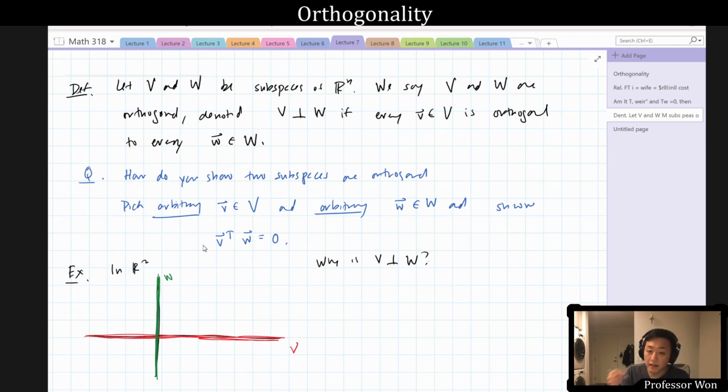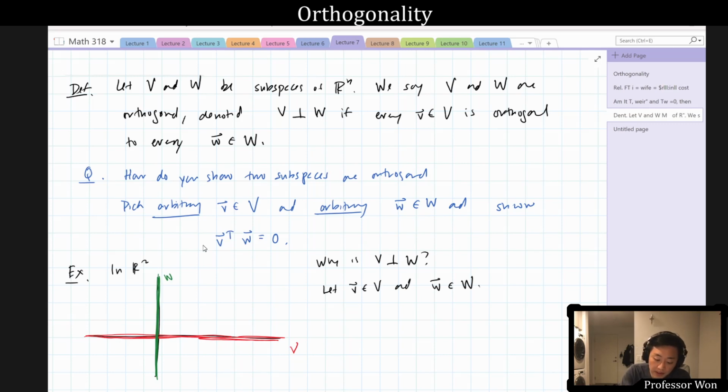Well, what I need to do is pick an arbitrary vector from V and an arbitrary vector from W and show that they are orthogonal. So I can't pick (1, 0) and (0, 1). That would just show that those two vectors are orthogonal. But let's suppose that v is in V and w is in W.